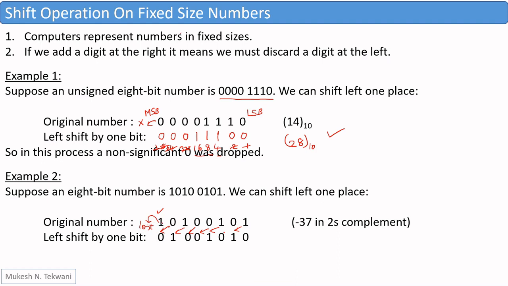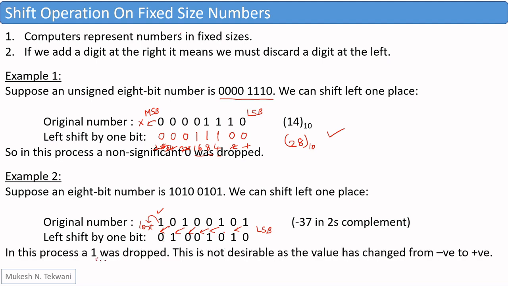But remember, this was supposed to be the sign bit, and we have of course put a 0 in the least significant bit position of our new number. So if you look at this result, we find that the 1, which was an indicator of a negative number, has been lost, and this number has become a positive number. So this is of course a loss of data which is undesirable.